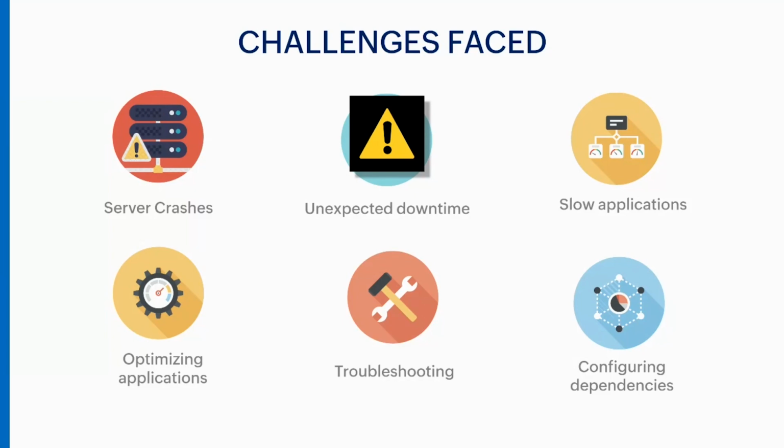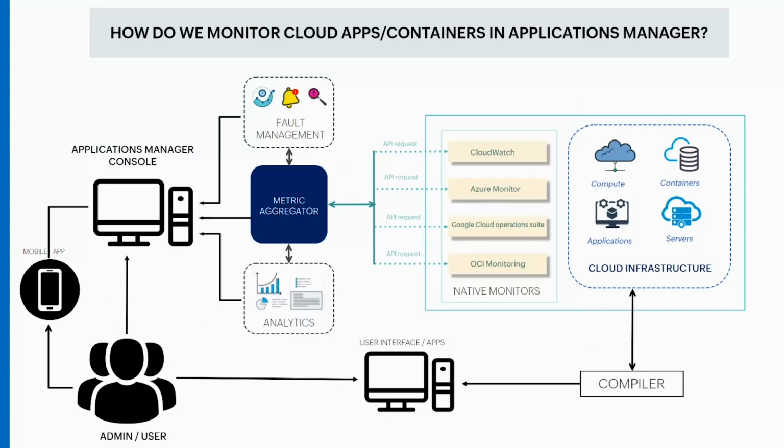Now we are going to see how you can monitor your cloud applications and containers with the help of Applications Manager. As you can see here, Applications Manager is collecting the information from the cloud application and the containers via the API. When we talk about the API, yes, we are not using any agent; Applications Manager is an agentless tool, as you might know.